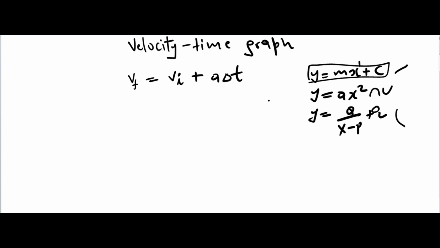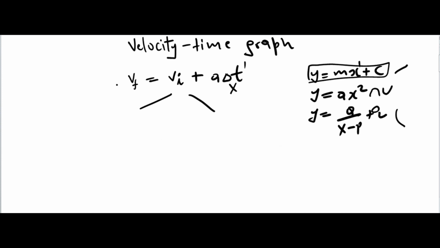Now, if you can look here, this is our time, which is always on the x-axis, and the exponent is 1, which means this one is our x, and since the exponent is 1, it is a linear function, which means the velocity time graph will always be a straight line, no matter what, right?